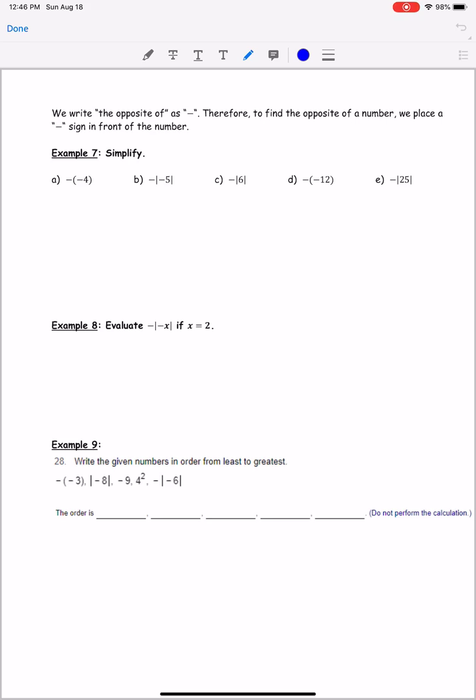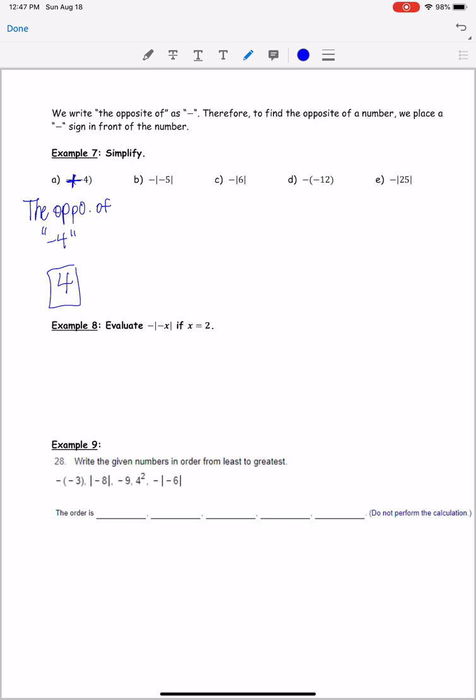I'm not going to write this for all of them, but this little negative out in the very front means the opposite. I'm just going to put oppo, the oppo of -4. Well, what is the opposite of -4? That is +4. And we'll come to realize when you have a double negative here, that just turns into a giant plus sign.